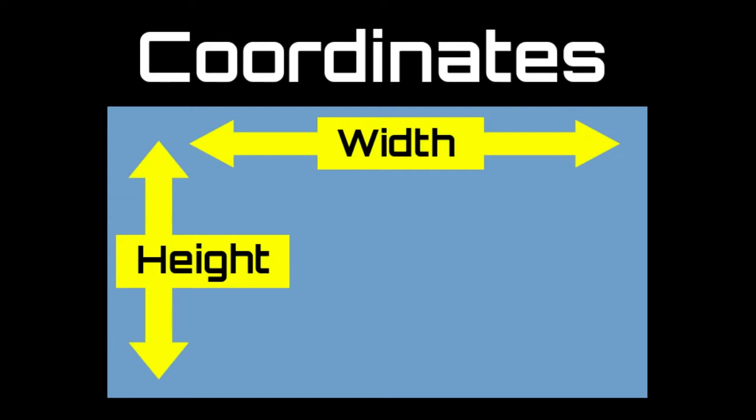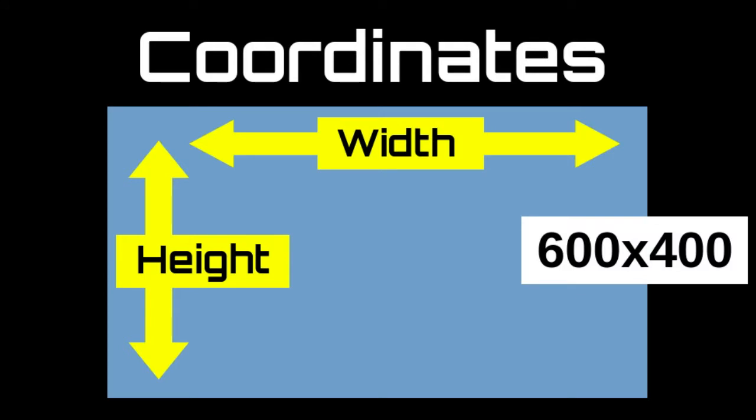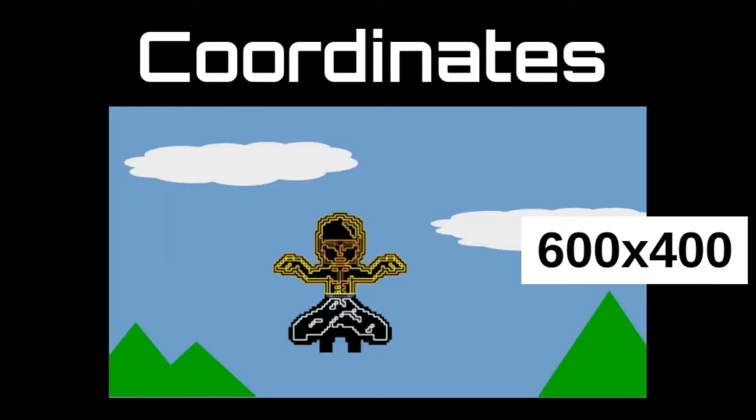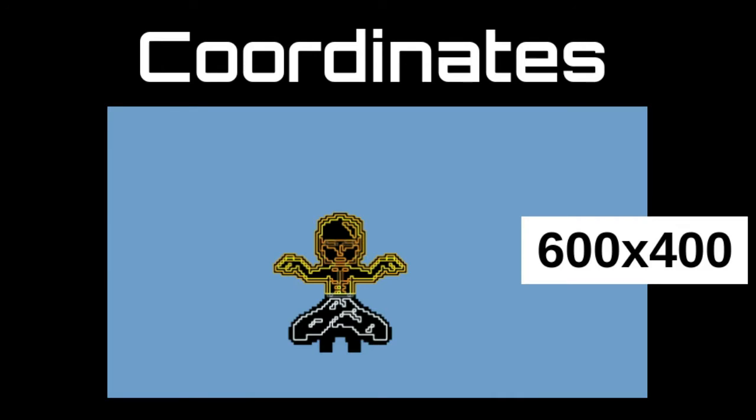Let's say that our container is 600 width by 400 height. And we'd like to place some objects onto it. Let's take a look at one object. We want to tell our code where on the screen to place this object. So how do we do this?